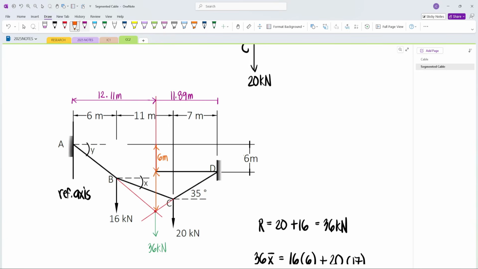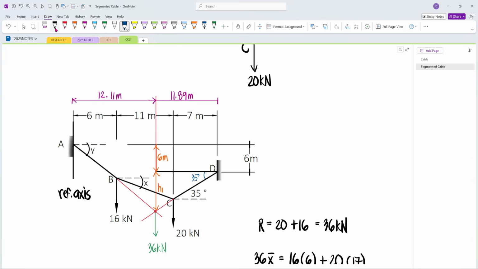Now, we can label this as, sabihin natin h1. To solve h1, we can use this distance. Ayan, ito yung triangle na i-consider natin. Yung base niya is 11.89. Then, yung height niya is h1. Then, the value of this angle, since 35 degrees yan, then this is also 35 degrees.